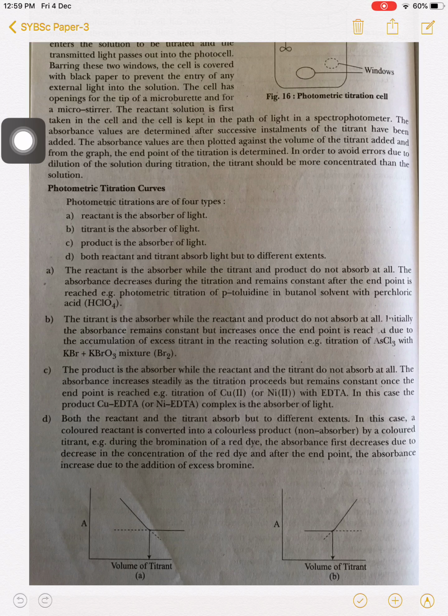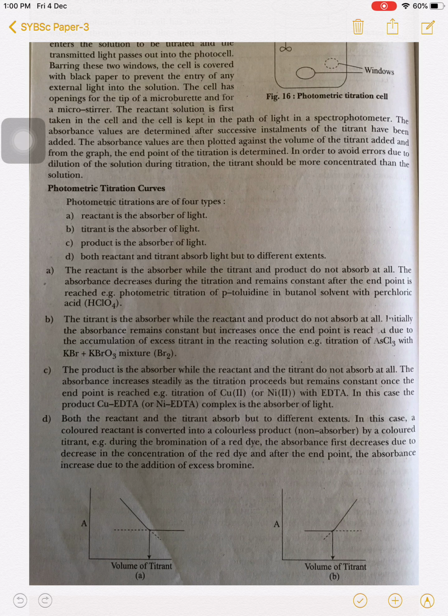We will explain here. Now see this explanation, small a. So what is the first type? The first type is if the reactant only absorbs the light radiation. The reactant is the absorber while the titrant and product do not absorb the light. The absorbance decreases.